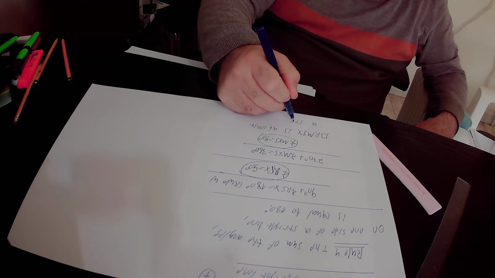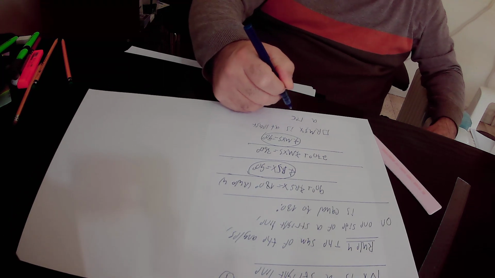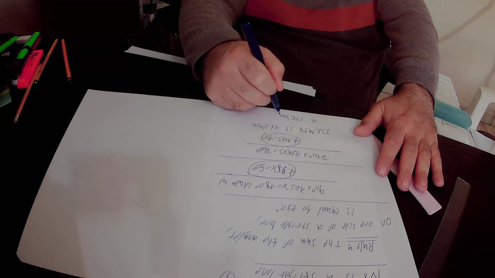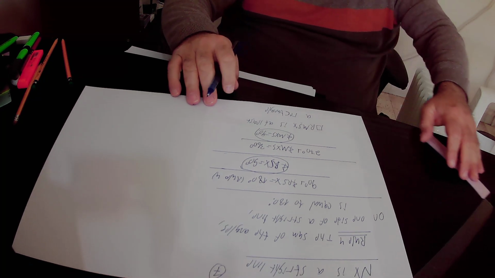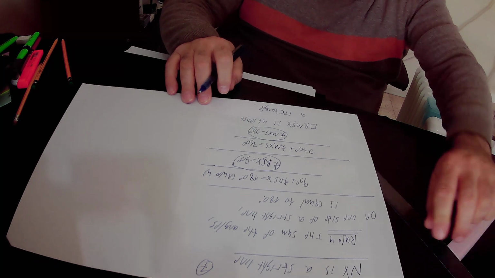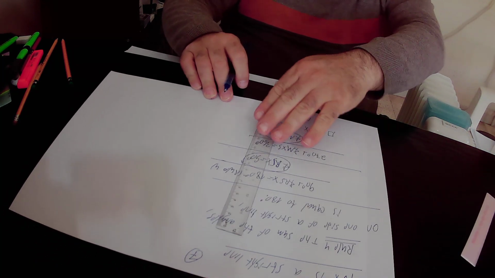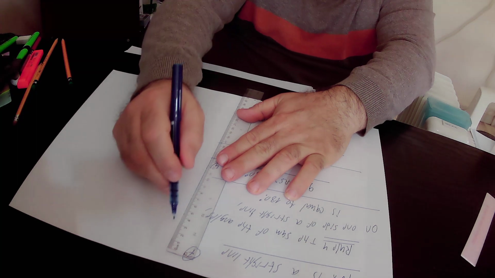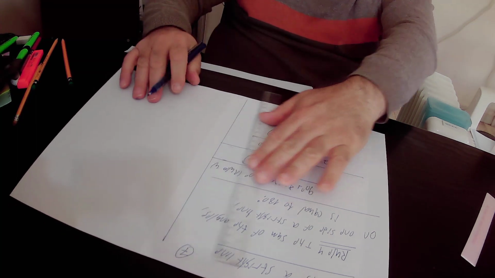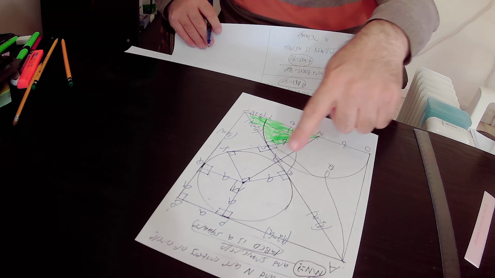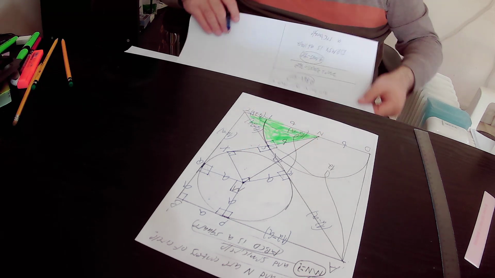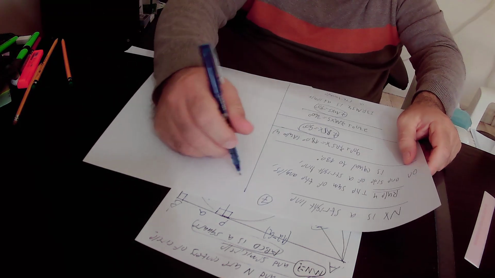If not a square, it is at least a rectangle, because it has 4 right angles. And according to rule number 3, the opposite sides of a rectangle are equal to each other. That is to say, in rectangle RMSX, RM must be equal to SX.